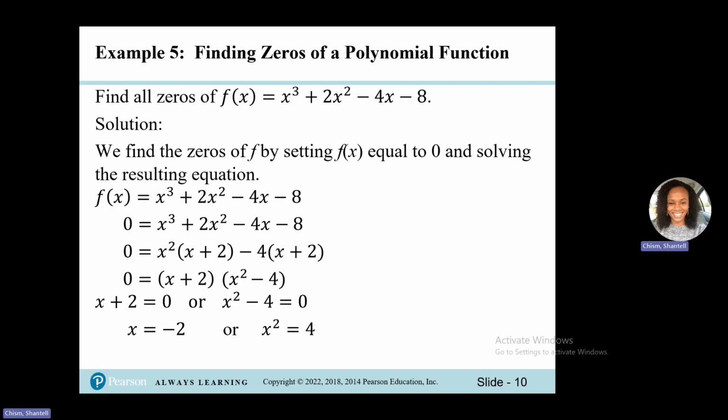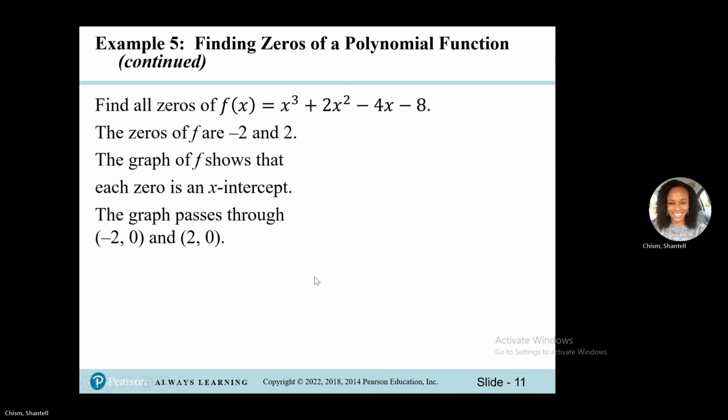And then x squared minus 4, we would take the 4 to the other side. That would leave us with x squared equals 4. And then we take the square root. So that would leave us with a plus or minus 2. So our solutions for this polynomial function would be -2 and +2, technically, because this is a plus or minus 2 over here.